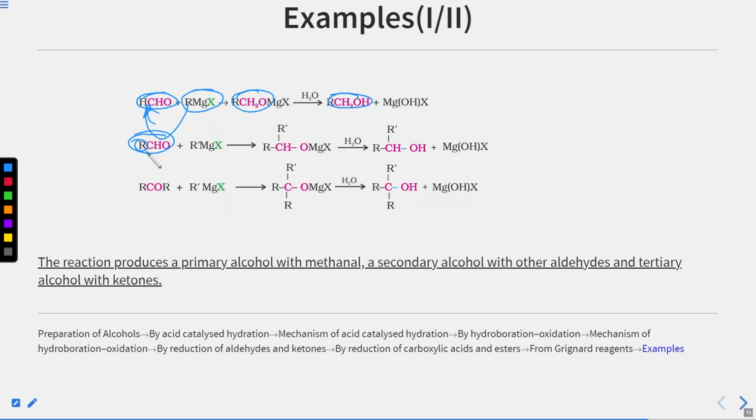Again, R' will attack, and this will result in a secondary alcohol. The first, formaldehyde, resulted in a primary alcohol; here it results in a secondary alcohol. Now let us use a ketone. Now a third alkyl group will add, and it will result in a 3-degree alcohol. So let me write it.